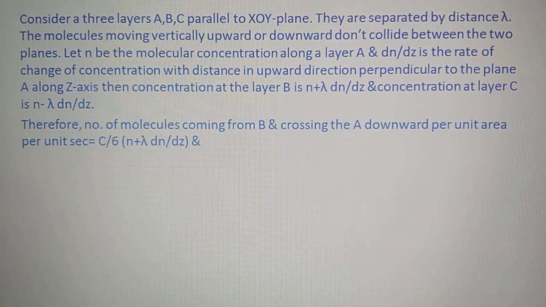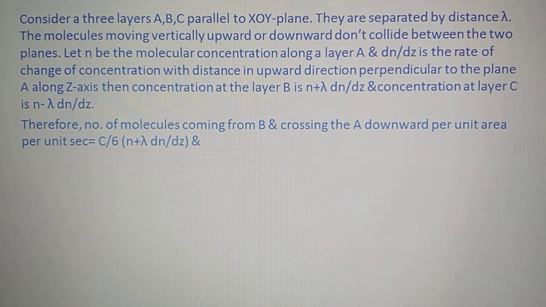The molecules moving vertically upward or downward don't collide between the two planes. They collide between the layers but don't collide between the planes. Let N be the molecular concentration along layer A, and dN by dZ is the rate of change of concentration with distance in the upward direction perpendicular to plane A along the Z axis.